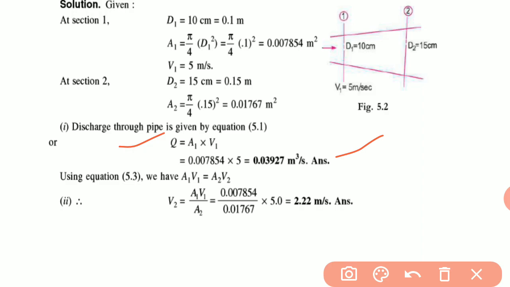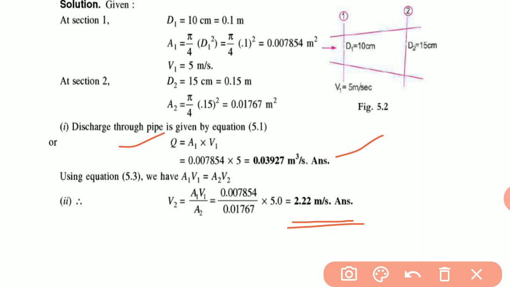The discharge is the same, but the area and velocities are different because of the cross section. That's why we can directly apply the continuity equation here. So V2 we get as 2.22 meter per second. That is the V2.